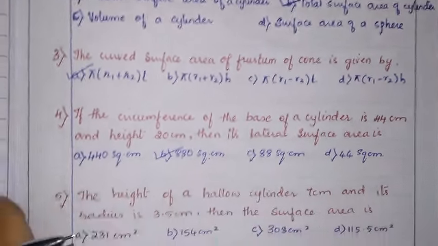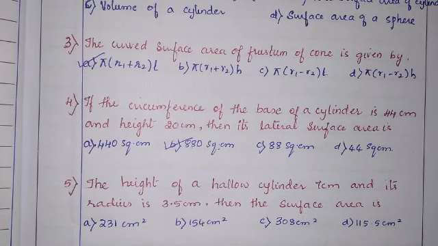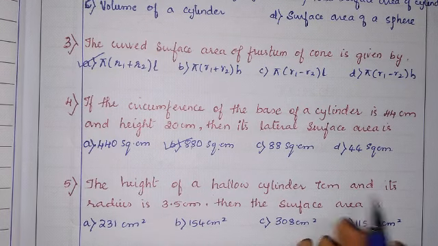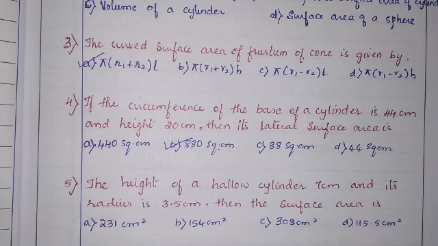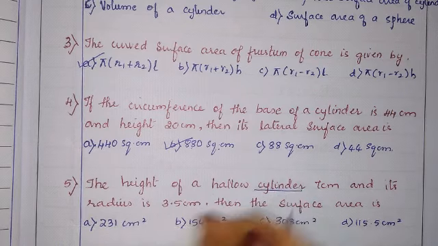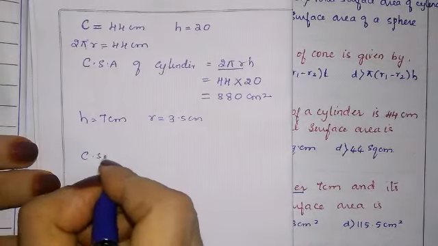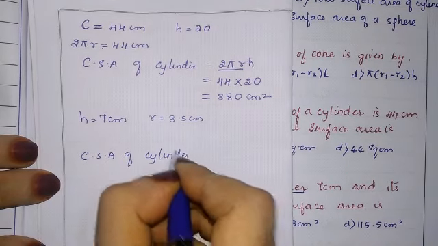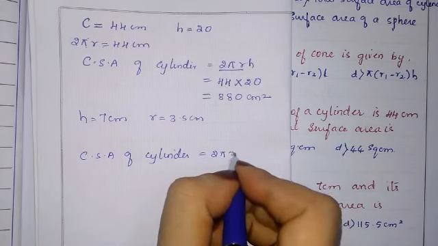Let us see the fifth question. The height of a hollow cylinder is 7 centimeter and its radius is 3.5. Then what is the surface area of the hollow cylinder? The curved surface area of cylinder is 2 pi r h.